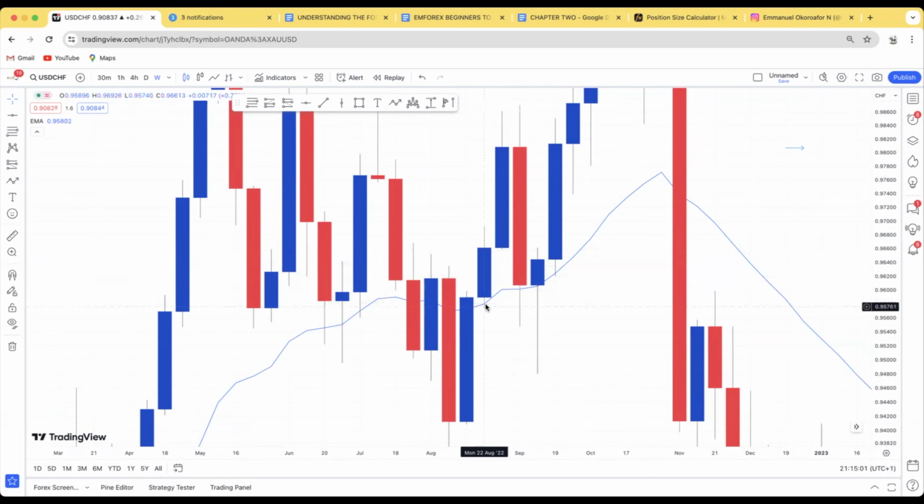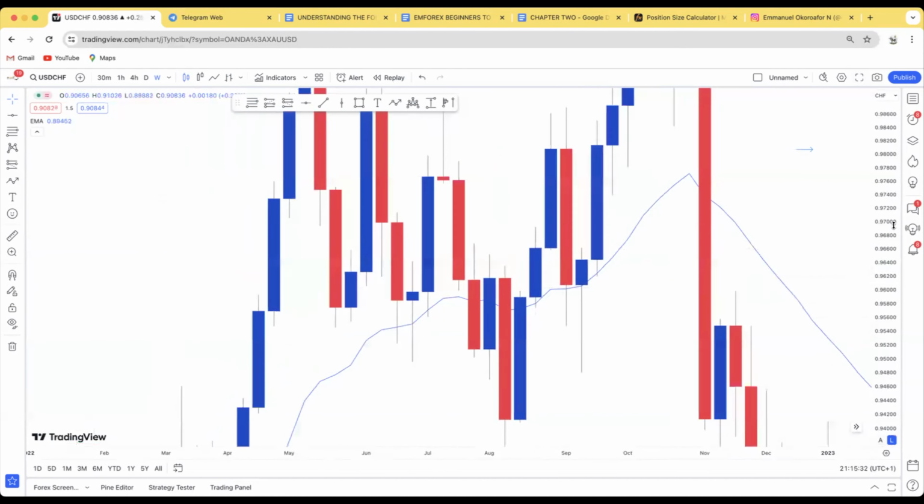And for a bullish candlestick, price will open below, give us the lower wick, push up, give us the upper wick, and then close above. As long as price is closing above, we are bullish. The moment price starts closing below, we are bearish. Here price opened here, went down, and then came back up to close above the opening price, which simply shows that we are bullish.